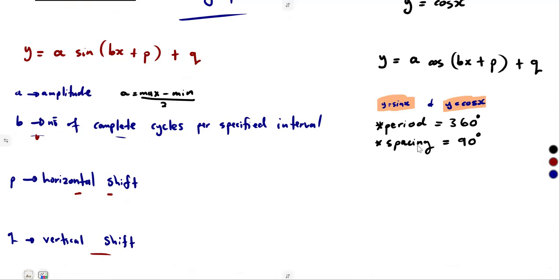So as the period is affected, the spacing is also affected, just like what we said for the graph of a sine and a cos.